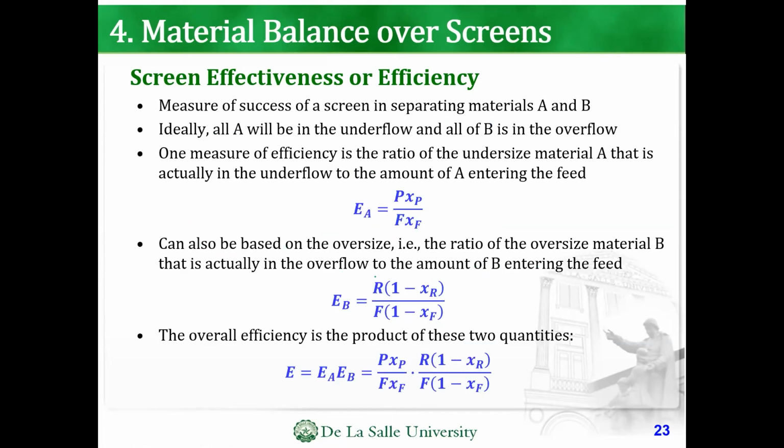So why am I writing this? Because look at this. It says here that the total or overall efficiency is EA times EB. And then you have these.